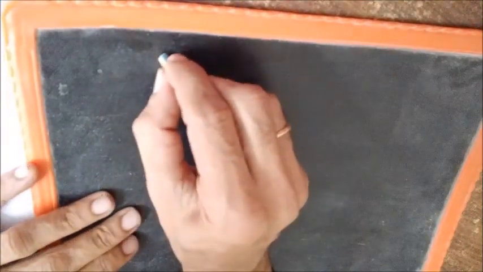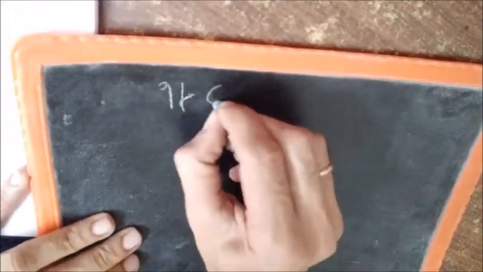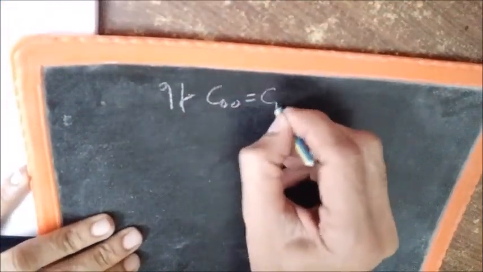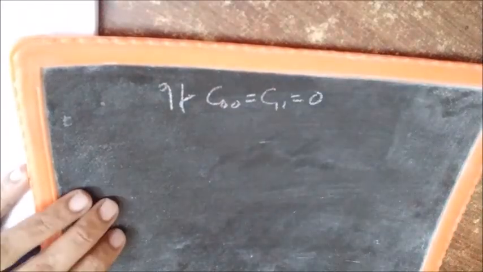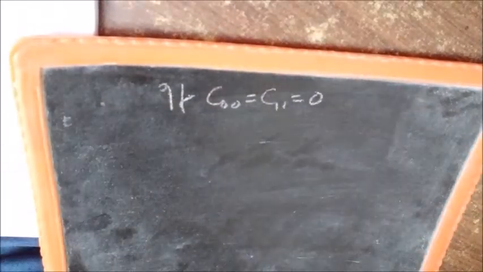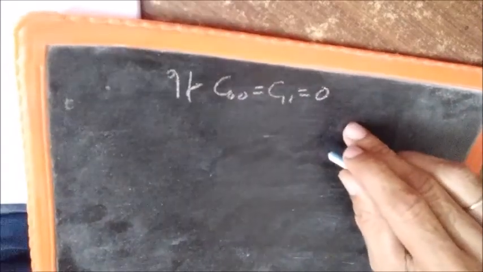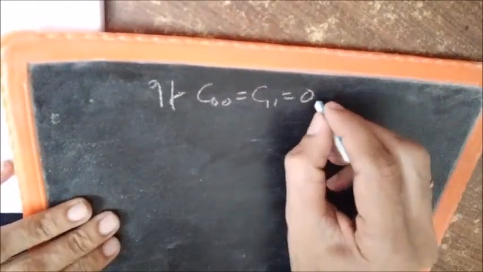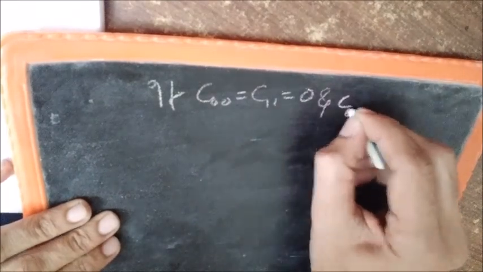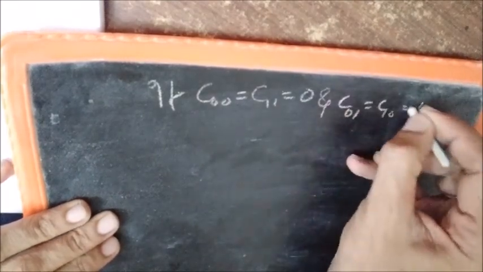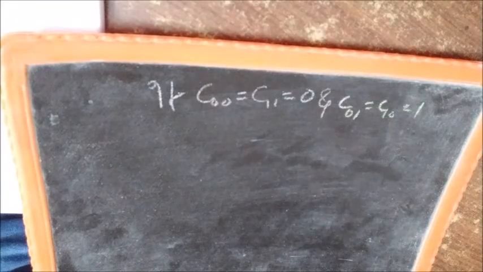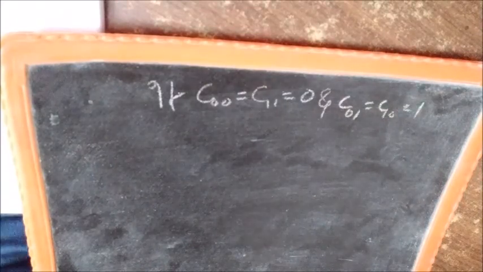Now, having understood that, let's say that in a particular scenario C00 is equal to C11 is equal to 0, that is, the cost you are incurring for a correct decision is 0, and C01 is equal to C10 equal to 1, that is, the cost for a wrong decision is the same and it is 1.